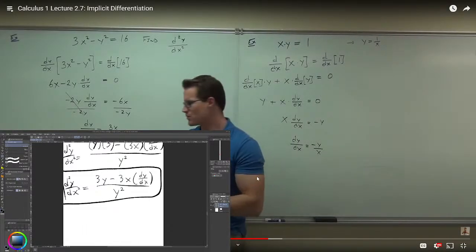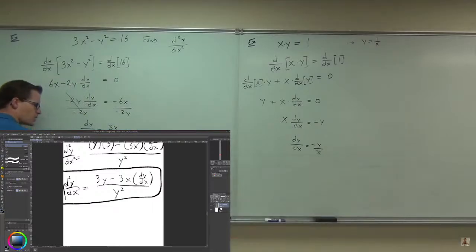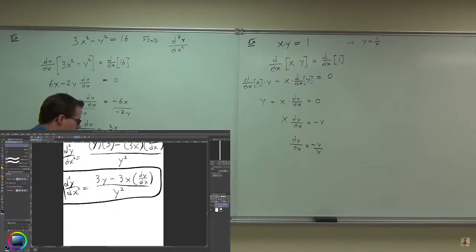And do that, can we take a derivative of both sides? Watch how to accomplish this. If we derive both sides, we get d dx of dy dx equals d dx of 3x over y.